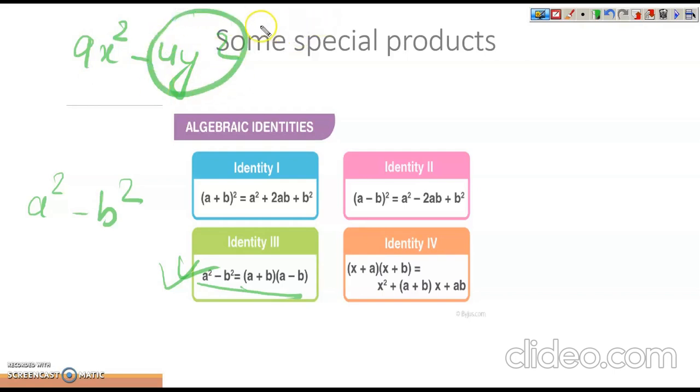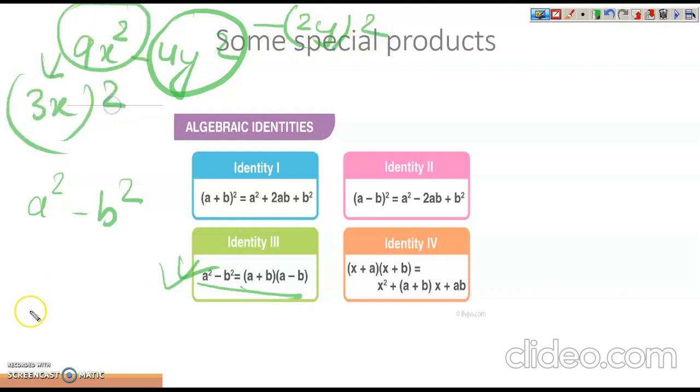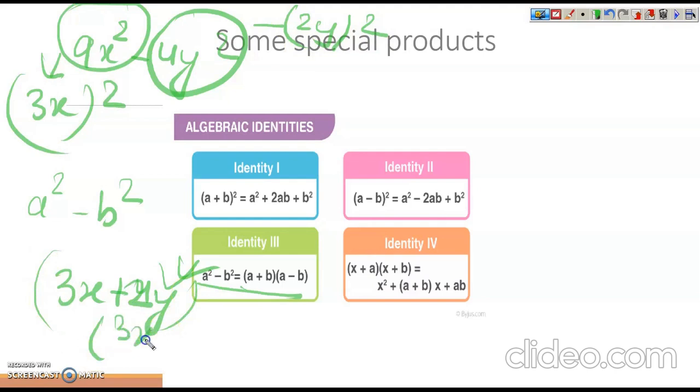Here, 4y squared can be written as (2y) whole squared and 9x squared can be written as (3x) whole squared. So it will be (3x plus 2y) and (3x minus 2y). This will be our answer in the form (a plus b)(a minus b).